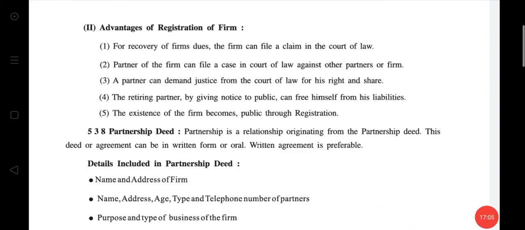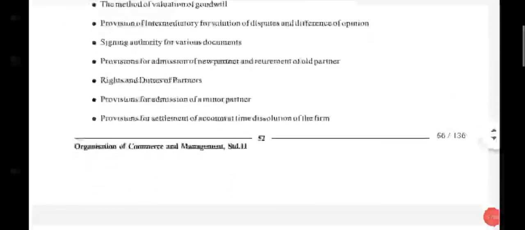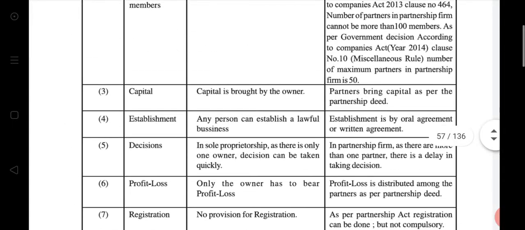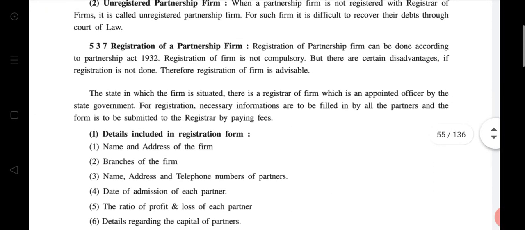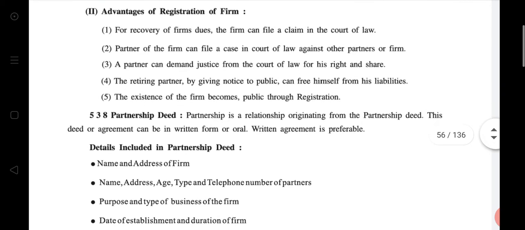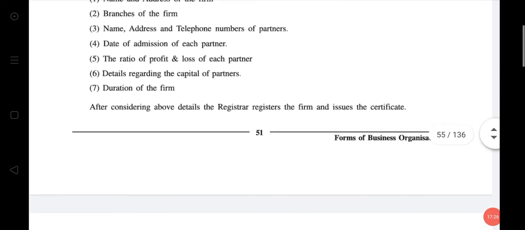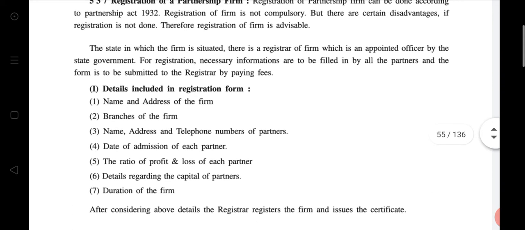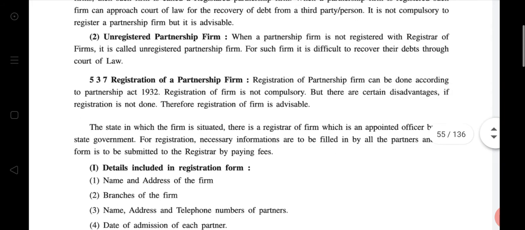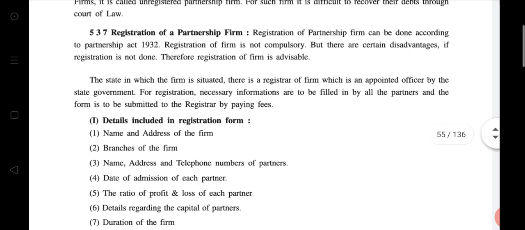Okay, clear? So now the last topic remains in this chapter. Then we'll be done with this chapter. So I hope you all understood these chapters perfectly, because this chapter is a little bigger compared to other chapters. That's why 6 to 7 lectures were made for this chapter.